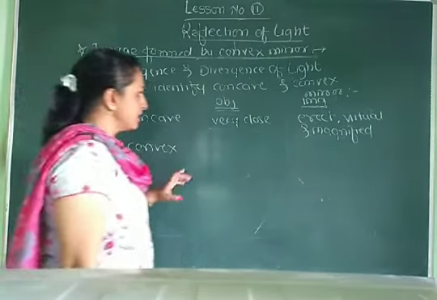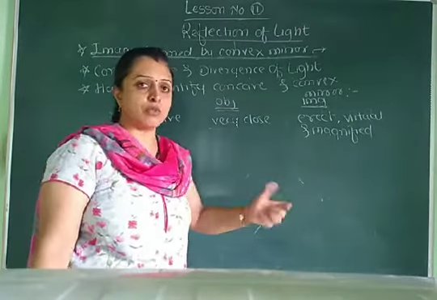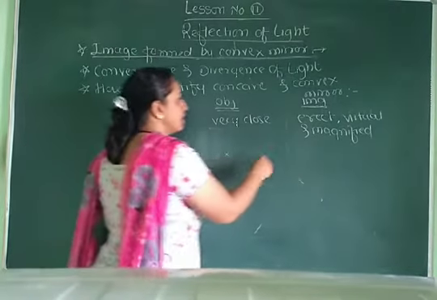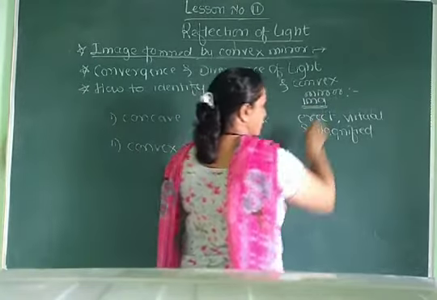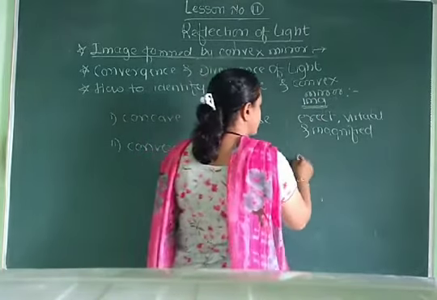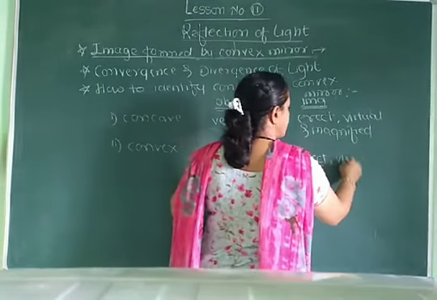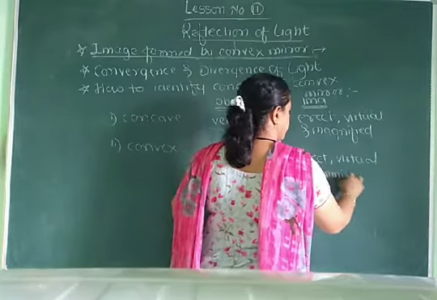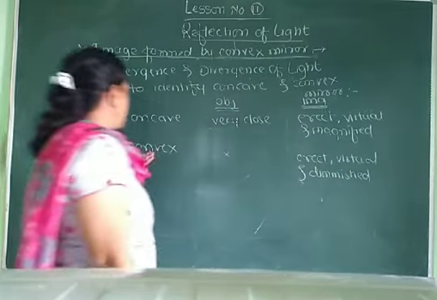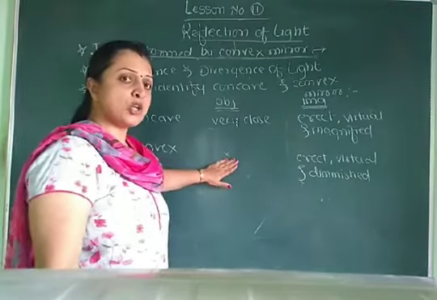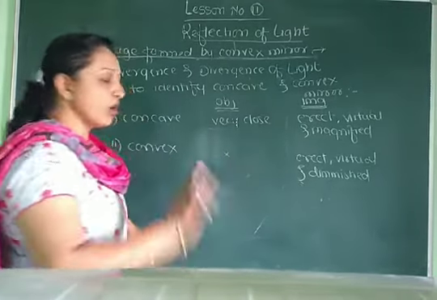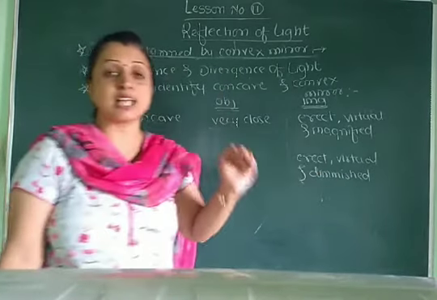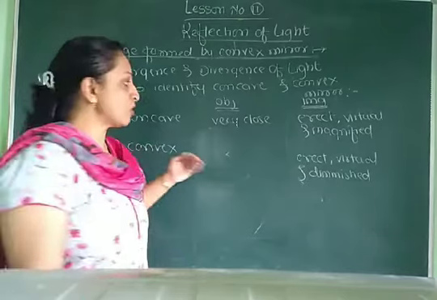Now let us consider the second, the convex mirror. For a convex mirror, wherever we place the object in front of it, the image is always erect, virtual and diminished, meaning the size of the image is smaller than that of the object.